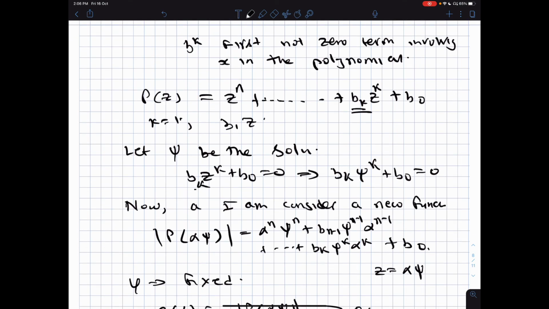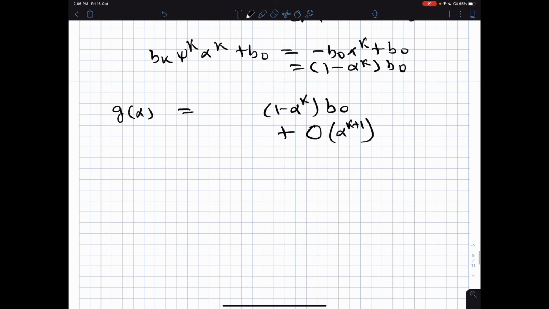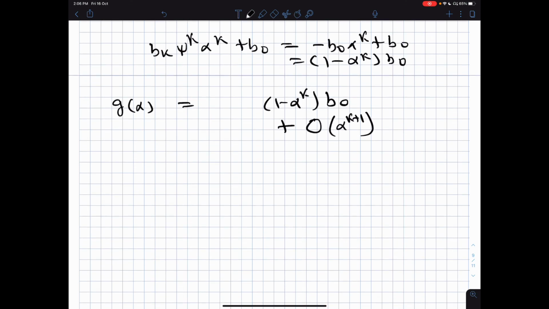So therefore, I can write them as order of alpha to the k plus 1. This is all coming under a modulus term, because g of alpha is the modulus of p of alpha psi, and so this has to be greater than or equal to mod of b naught.